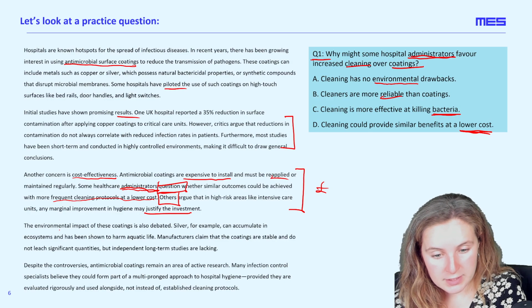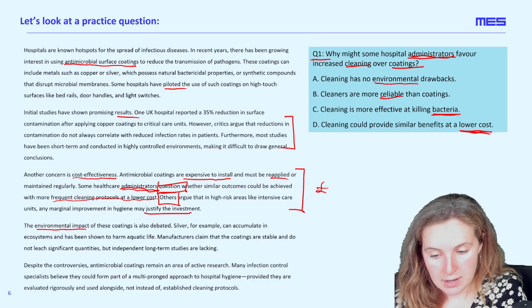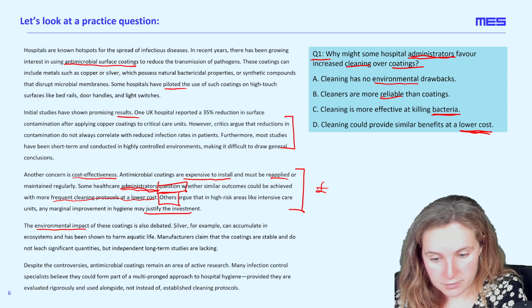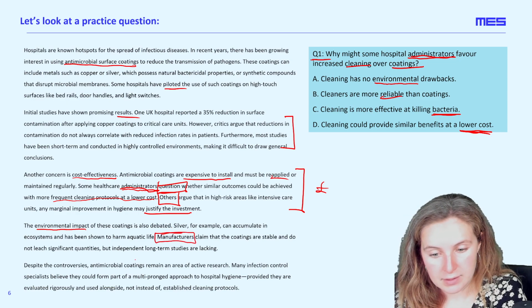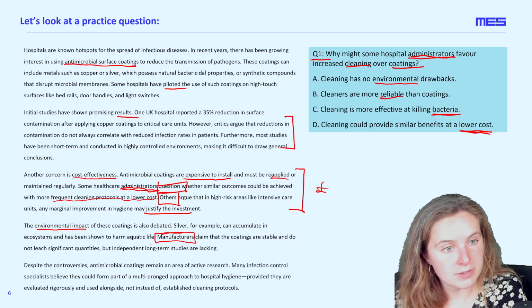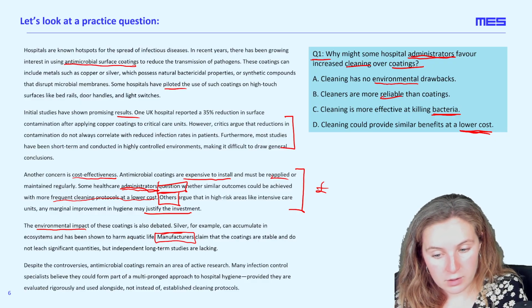Notice here another keyword from the question, environmental impact debated. But as we skim this paragraph, these are the people who are coming up as the proponents of this argument. So not the administrators, but rather manufacturers that have this concern. And then we keep reading.